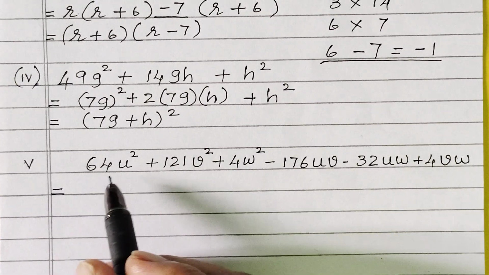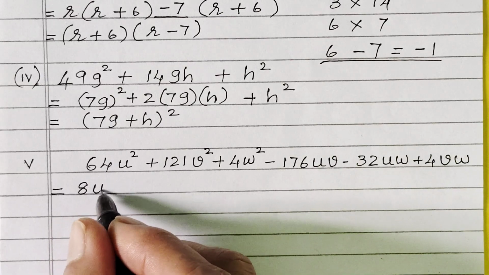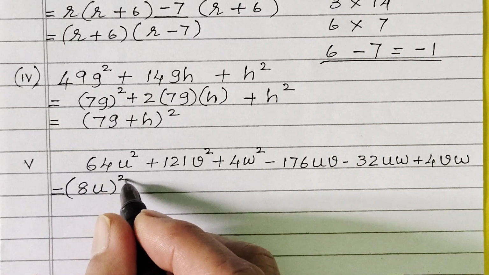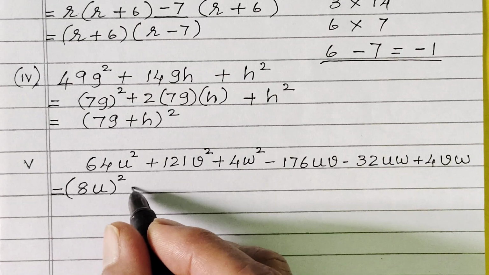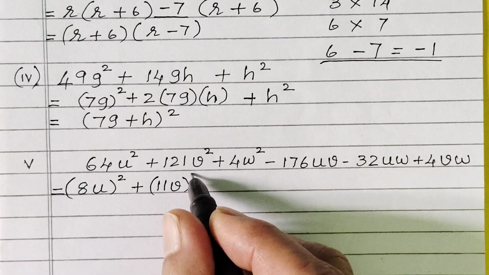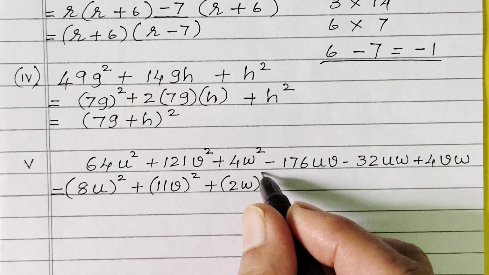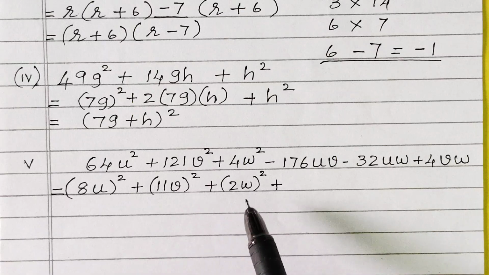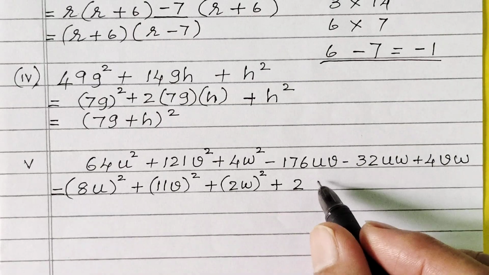So here I can write this as 8u whole square, 11v whole square, 2w whole square, plus, so a square plus b square plus c square plus 2ab. So plus 2, what is a? 8u.